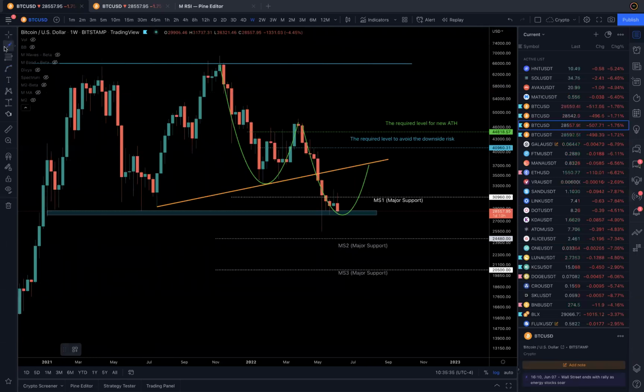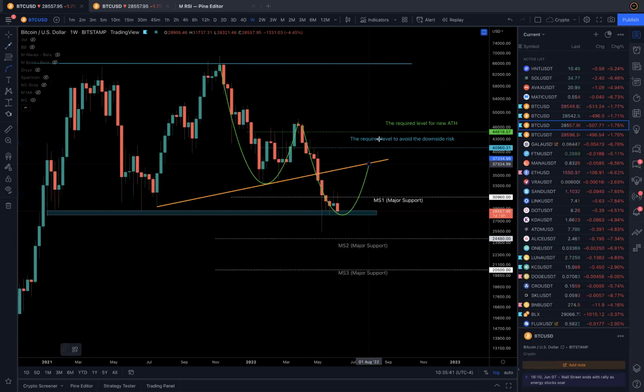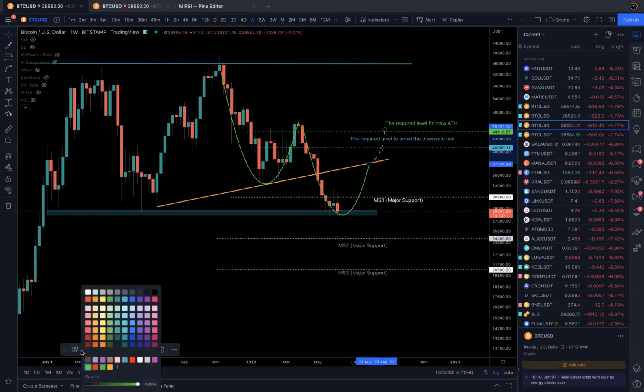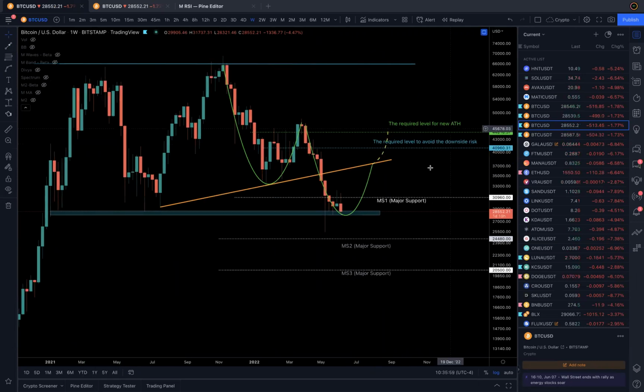What if this is an inverted head and shoulders? Why not? So I'm expanding my idea here. I'll make a dotted line indicating this is something far-fetched, and I would use yellow color indicating we are not sure at this moment.